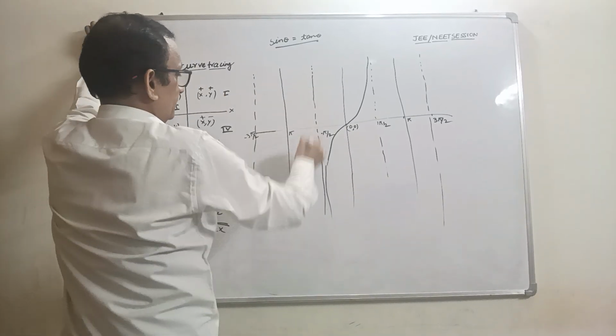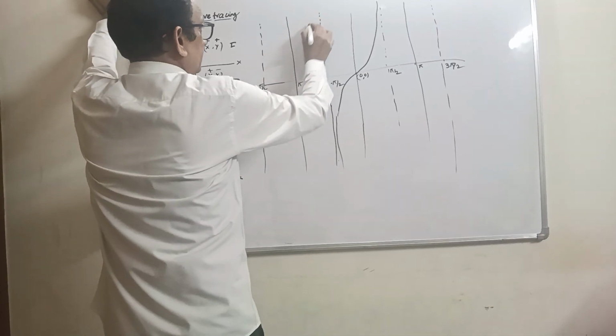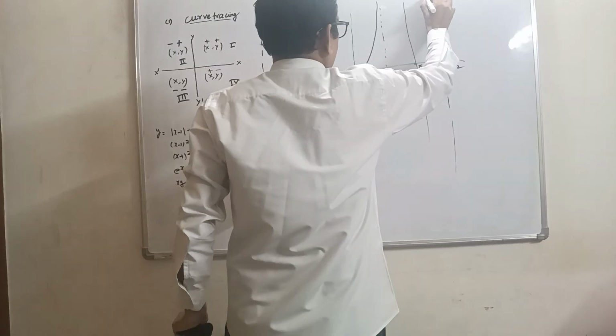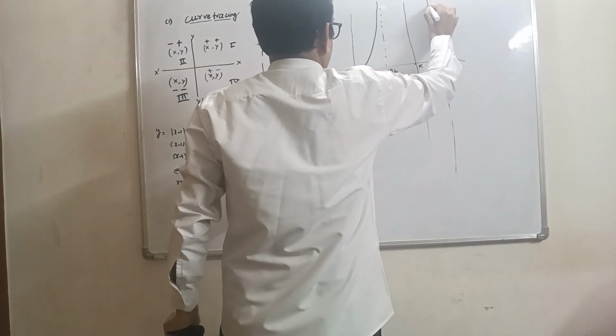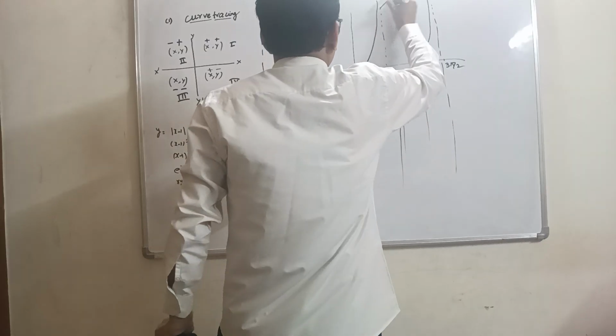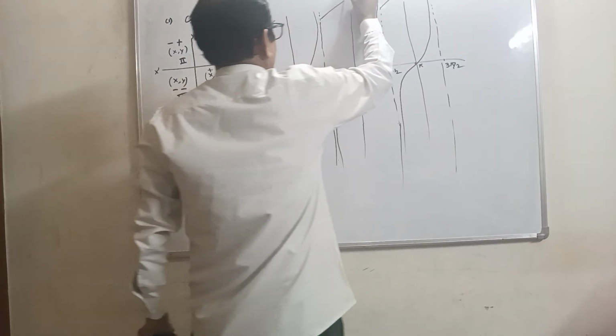So the curve is like this, and this is also an asymptote.